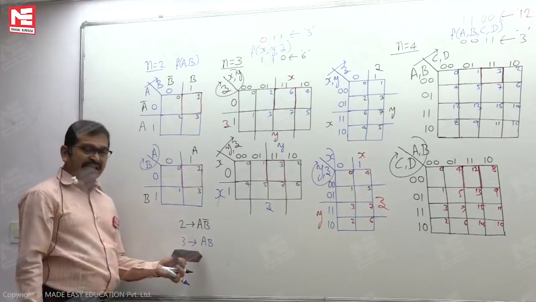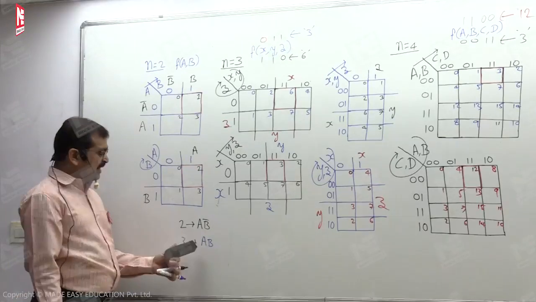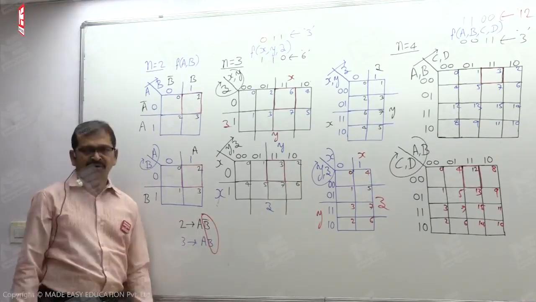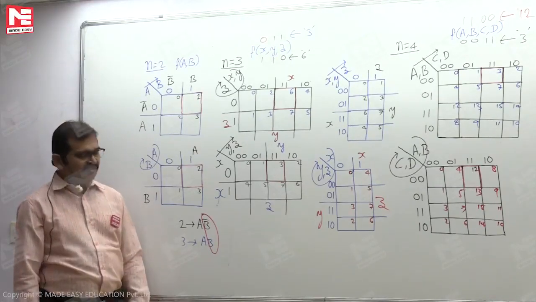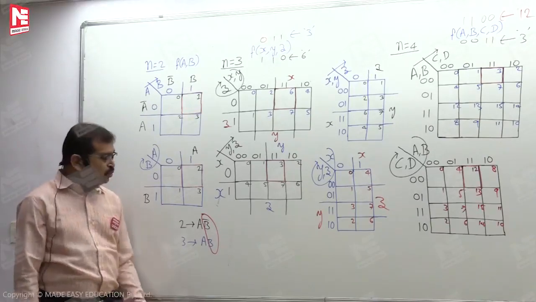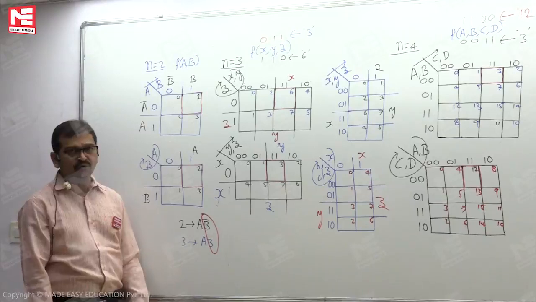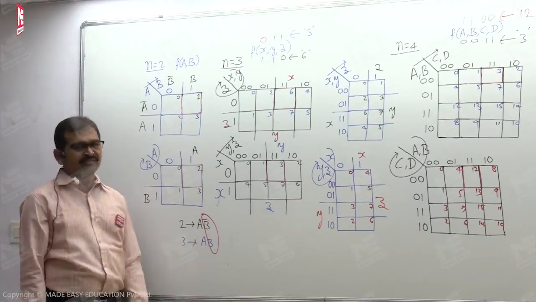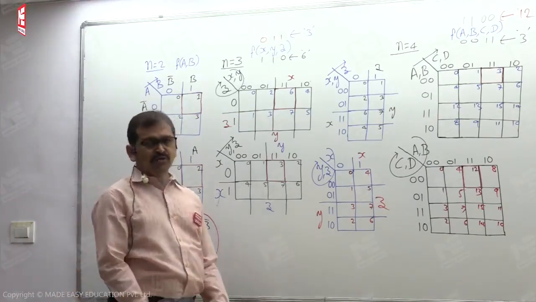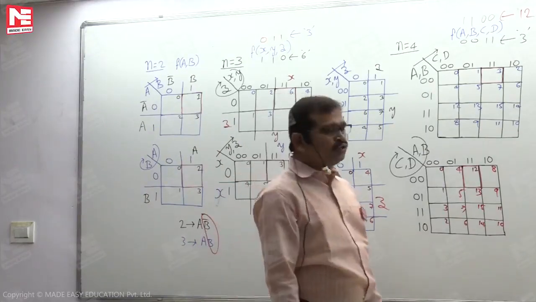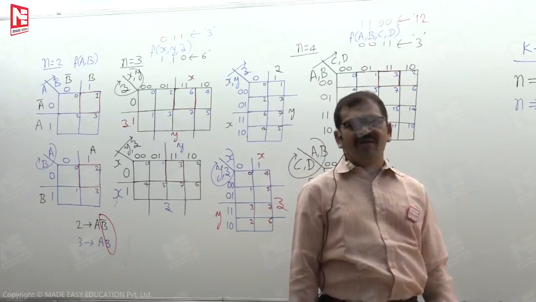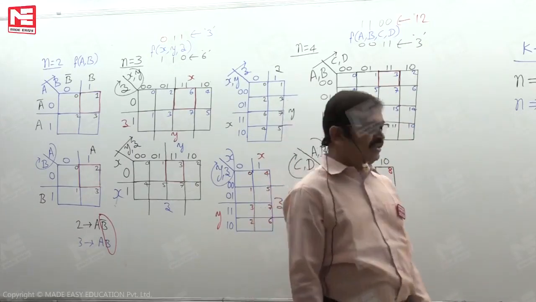If we compare the cell 3 product with the cell 2 product, they are common in variable A, but they differ in variable B. In these K-maps, if any 2 cell products differ, in general I am talking, not limiting to only 2 variables, maybe 3, 4 or any number of variables, if any 2 cell products differ in only one variable, such 2 cells must be named adjacent cells.